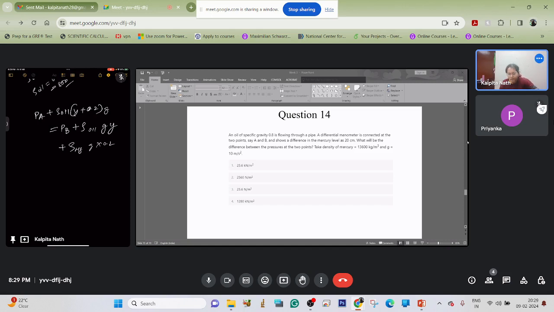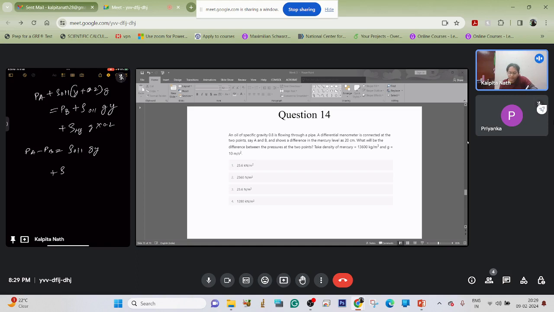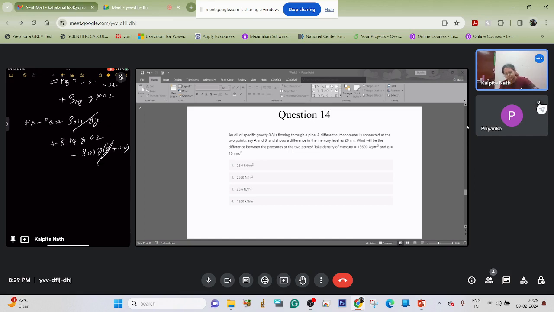Now this will get cancelled. Density of oil Y, oh sorry, let me write it. PA minus PB is equal to density of oil G Y, plus density of mercury G 0.2 minus density of oil G into Y plus 0.2. So this and this will get cancelled.